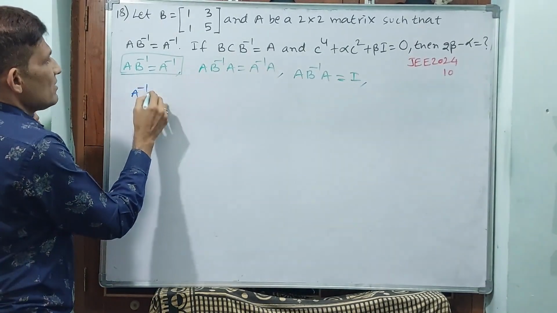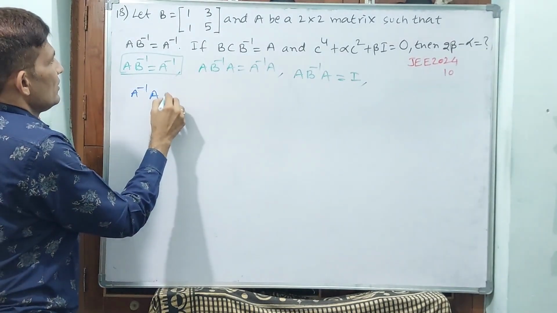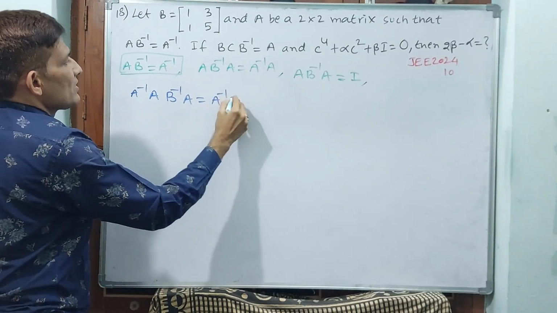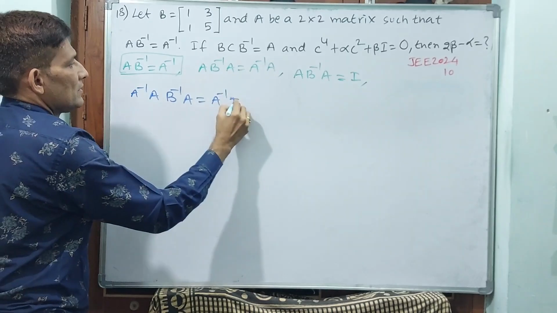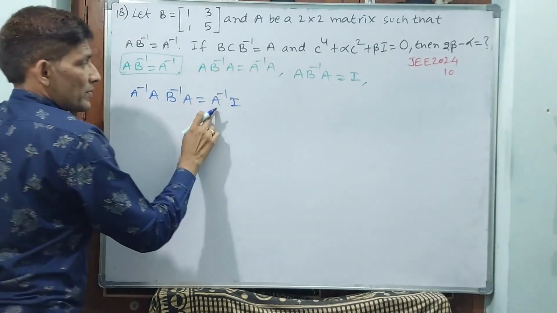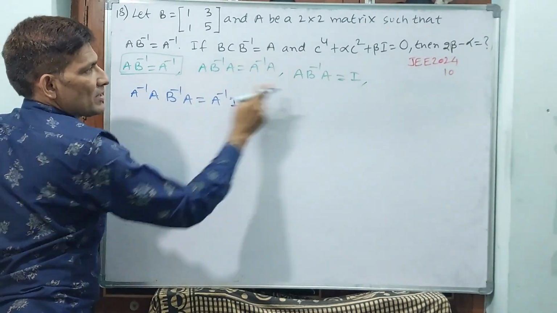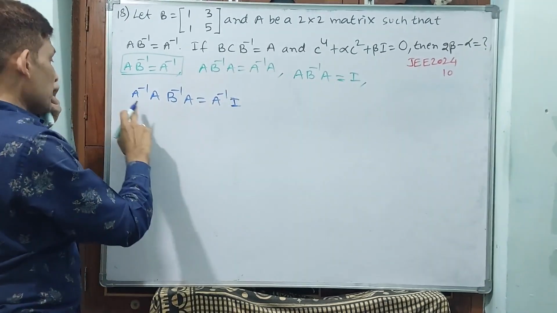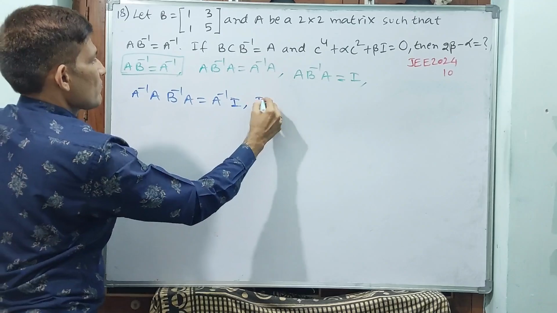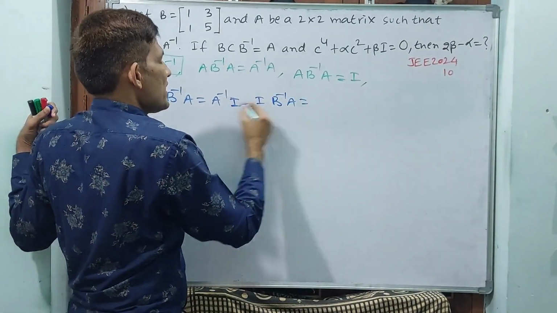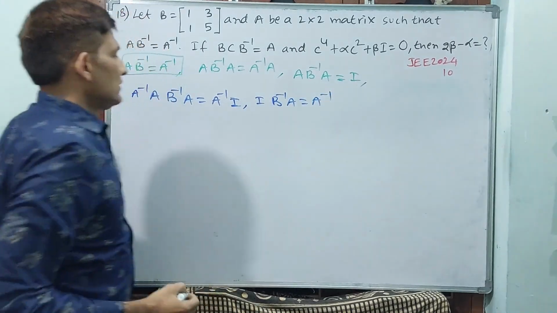Front side, A inverse A B inverse A is equal to A inverse I. Why? On the front I am putting A inverse, and I also in front I will keep. A inverse A is I. So B inverse A is equal to A inverse I, which is A inverse only.